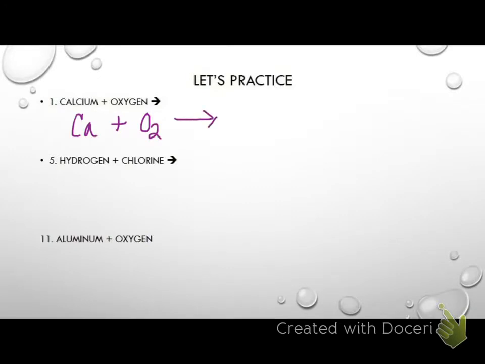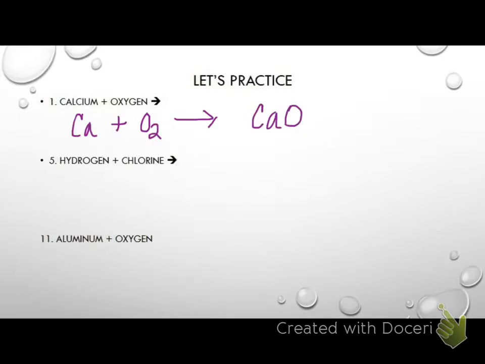The only thing it can form is calcium and oxygen combining together. So this is where we would look at our charges on our pink sheet, or know where they are on the periodic table. Calcium is a group 2 metal, so it's got a +2 charge. Oxygen, when it forms an ion, is a -2, and so it's going to form calcium oxide, CaO.